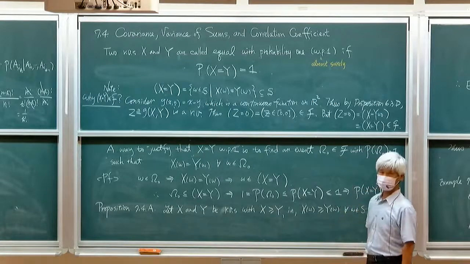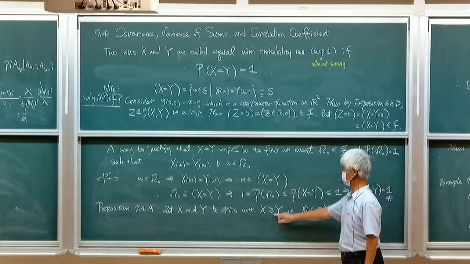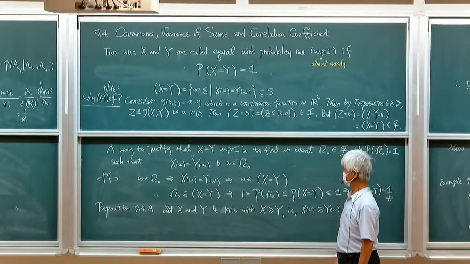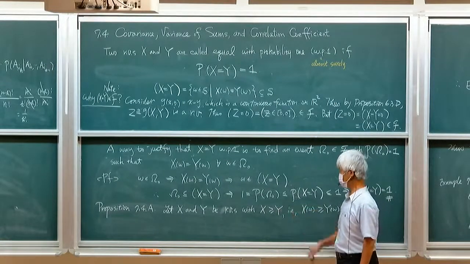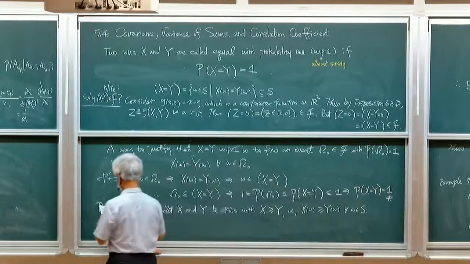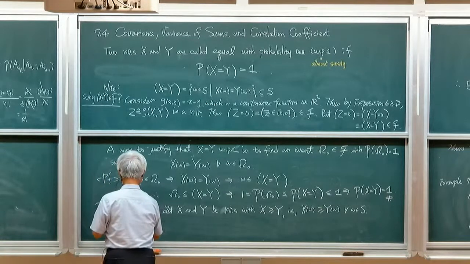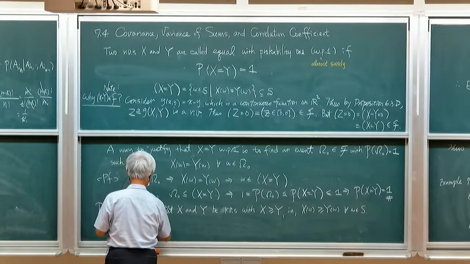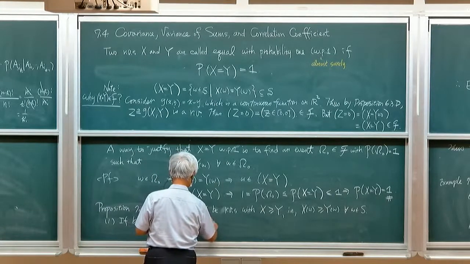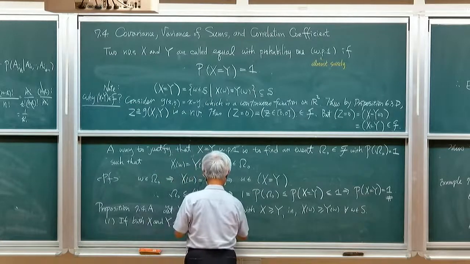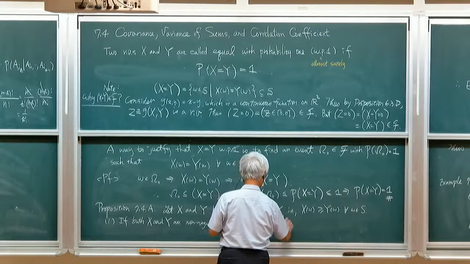But I want to keep things simple, so I just say that x is greater than or equal to y surely, which means everywhere. Now there are two versions. If both x and y are non-negative, then the expectation of x is greater than or equal to the expectation of y.